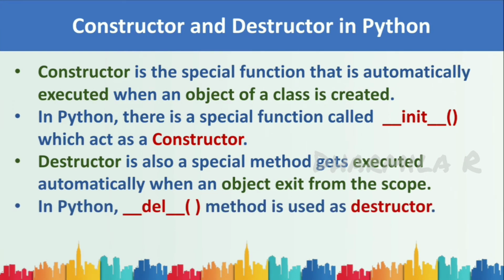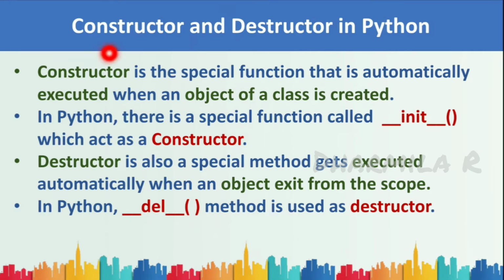So this is the way to create a destructor. We have to start with the double underscore, then del, then end with the double underscore and open and close parenthesis. This is the destructor method. So the constructor will allocate the memory and give initial values for all the variables. The destructor will erase all the values and free up the memory space.